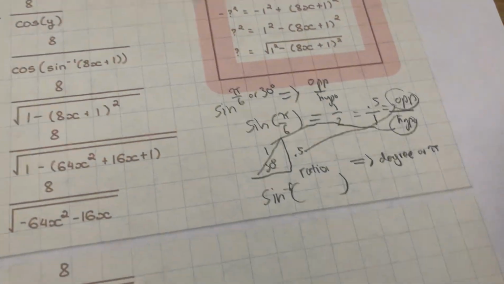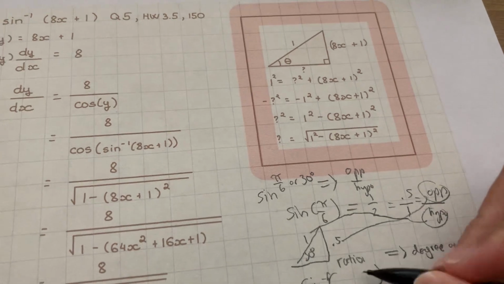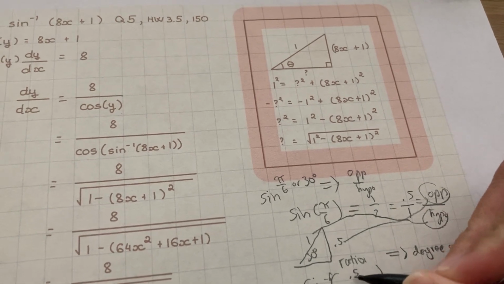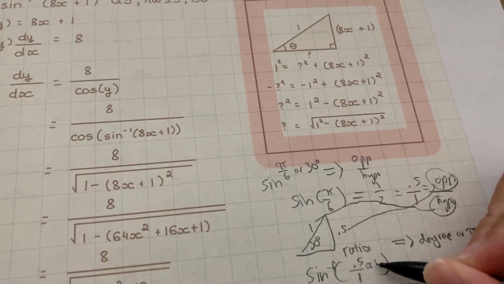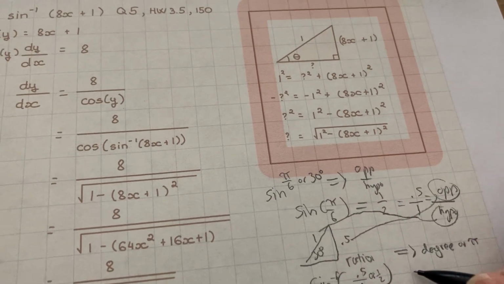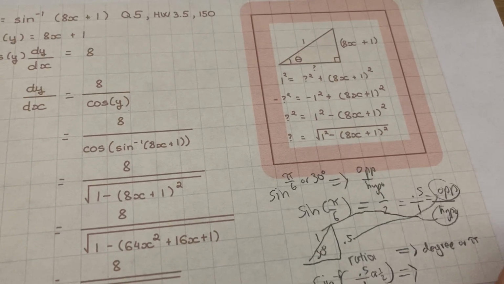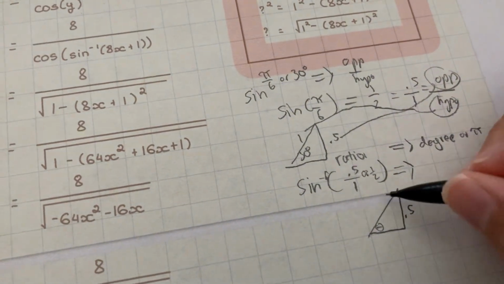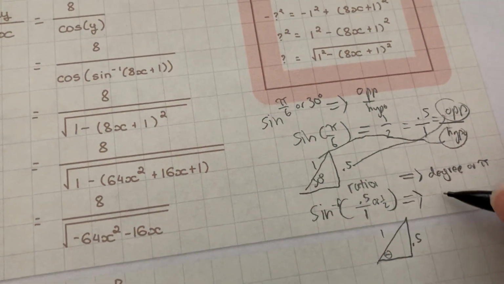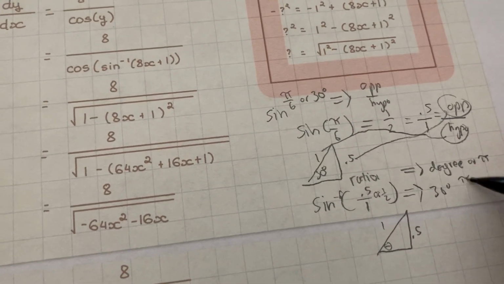For example, if I put in the ratio I just got from the output earlier, 0.5 over 1, or 1/2, then in that triangle, where the opposite is 0.5 and the hypotenuse is 1, the degree must be 30, or pi over 6, okay?